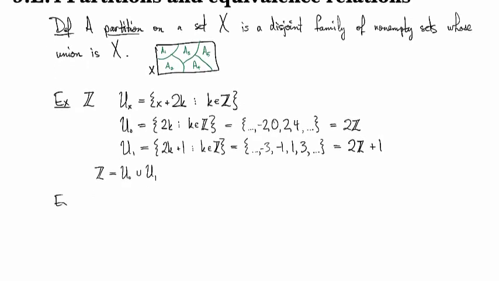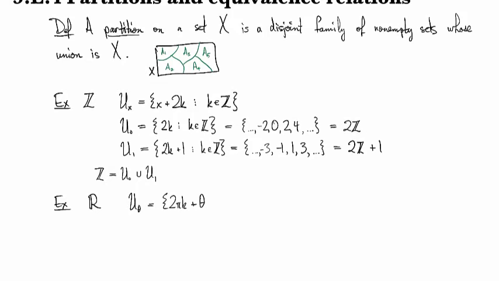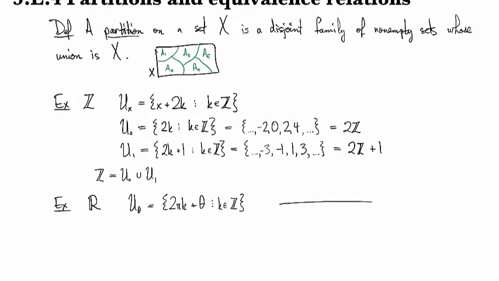The other example we'll look at is if we take the real line and we take U_theta to be 2 pi times an integer plus theta, so theta plus any integer multiple of 2 pi. These look something like this.